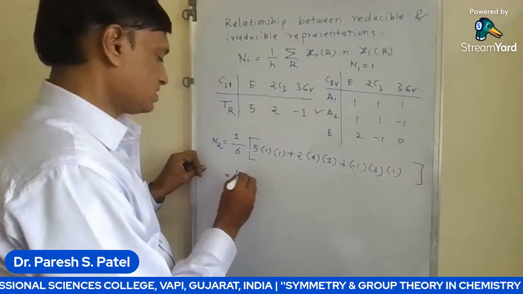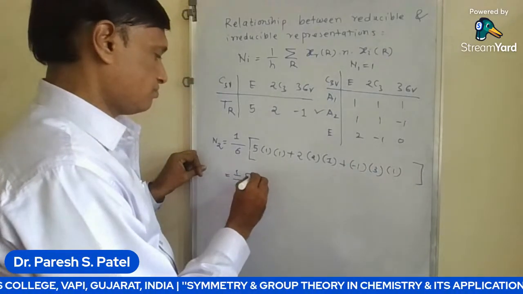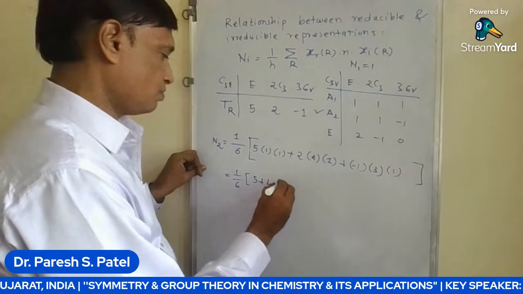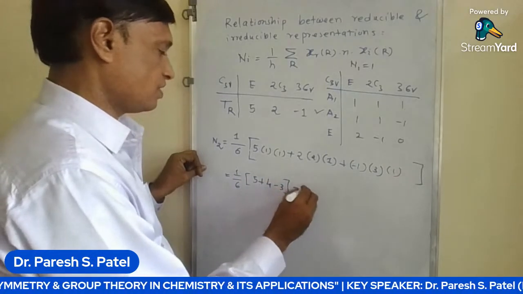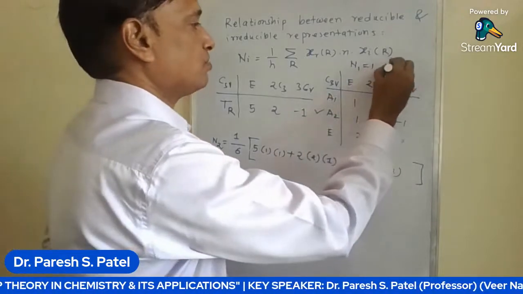That is 1 by 6, 5 plus 4 minus 3, which is equal to 1.